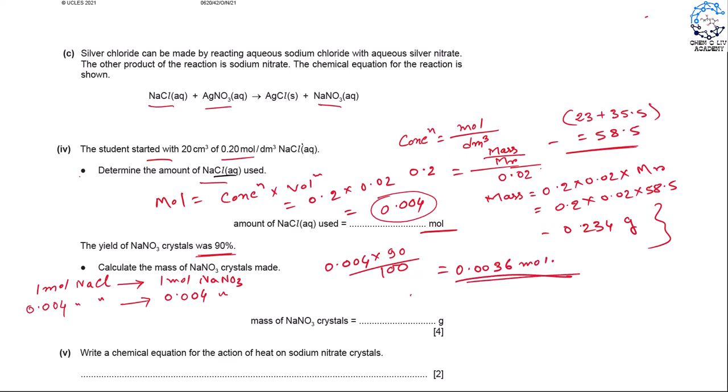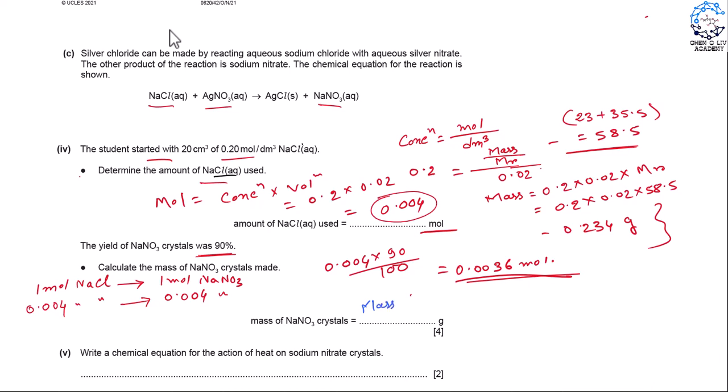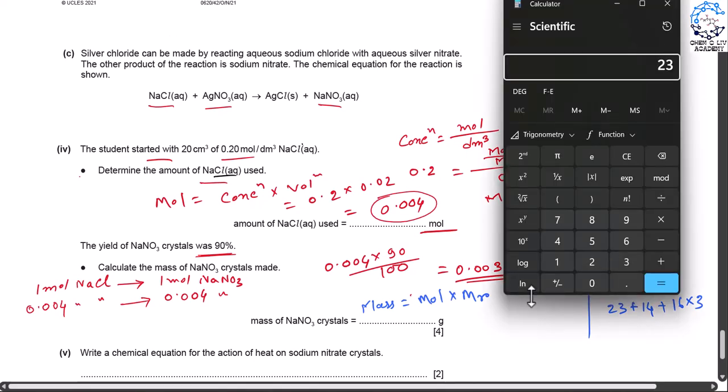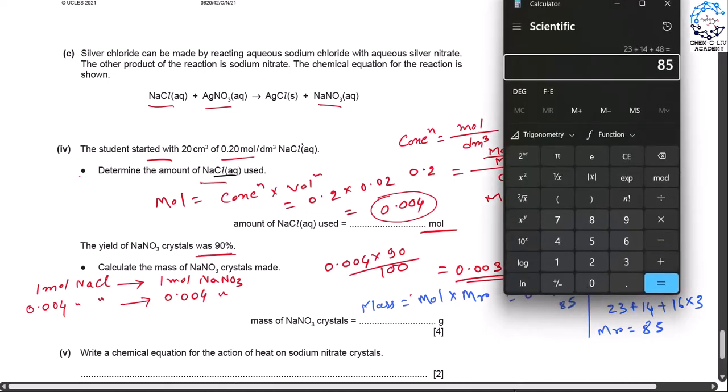Now the question is asking for the mass of sodium nitrate. So mass equals mole times Mr. We need to calculate the Mr of sodium nitrate, NaNO3: sodium is 23 plus nitrogen is 14 plus 16 times 3. In the calculator, 23 plus 14 plus 48 equals 85. So 85 is the Mr for sodium nitrate. 0.0036 times 85 is going to give us the mass, which is 0.306 gram.